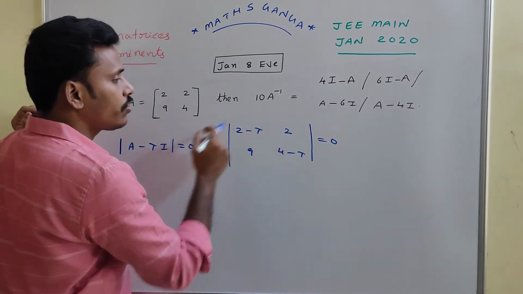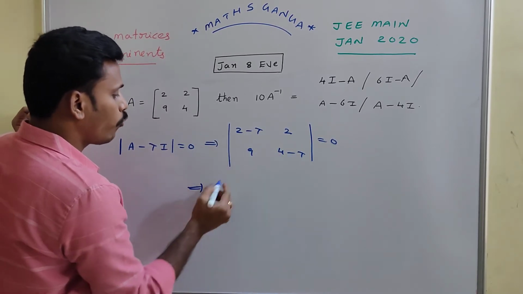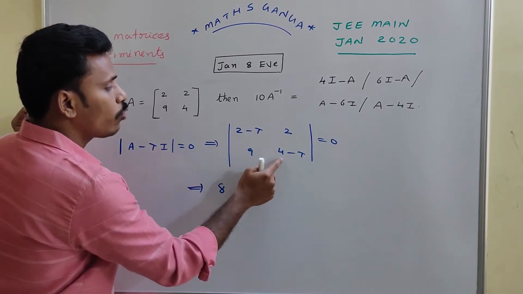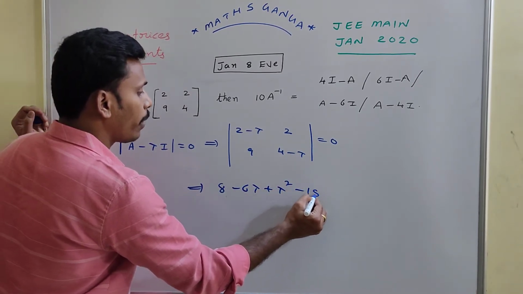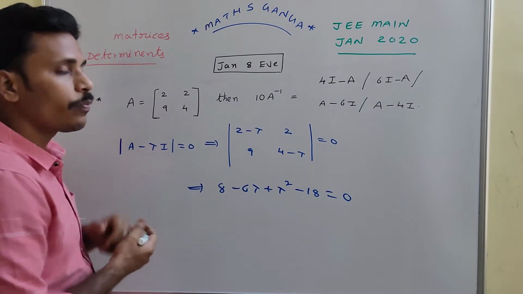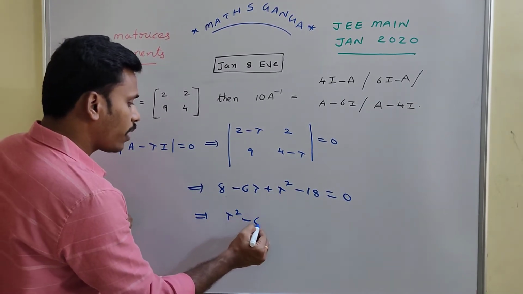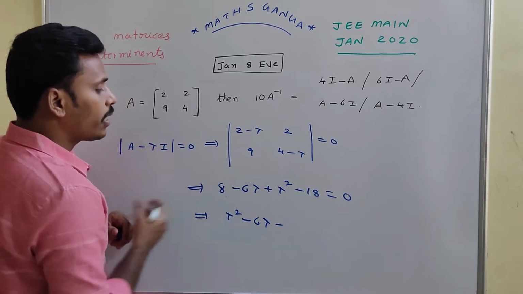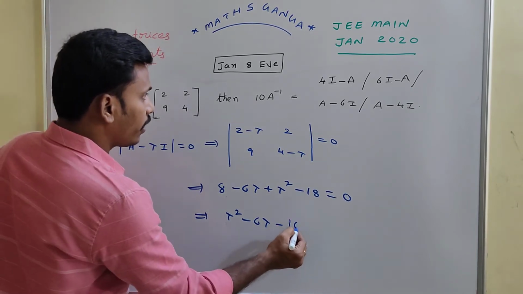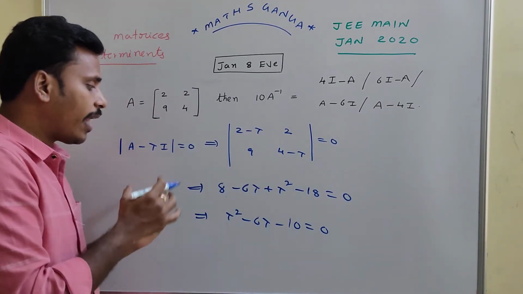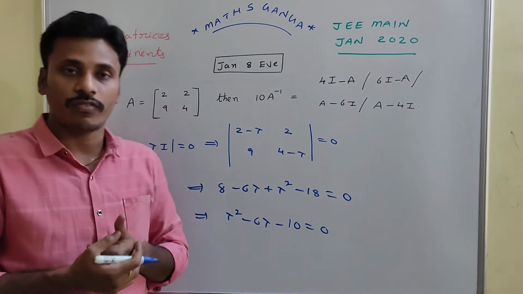Expanding, 2 fours is 8, minus 2 lambda minus 4 lambda is minus 6 lambda, plus lambda square, minus 9 twos is 18, equals 0. Rearranging, 8 minus 18 is minus 10, so lambda square minus 6 lambda minus 10 equals 0 is the characteristic equation of the given matrix.